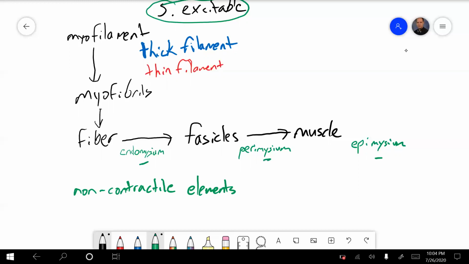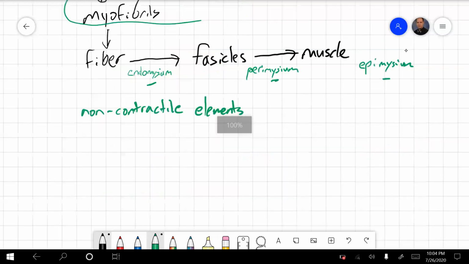So here's our hierarchy of structure. Now, before we move any further, let's talk about this idea of myofilaments and myofibrils.